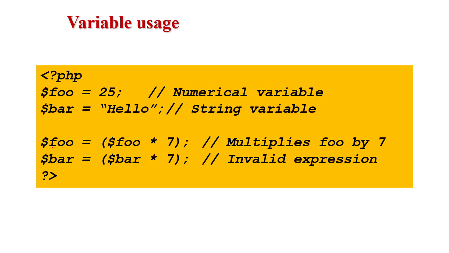Then if I try to multiply this numeric number, I can use this star symbol. So foo is a numerical variable, but if I try to multiply a string variable, then it will give me an invalid expression.